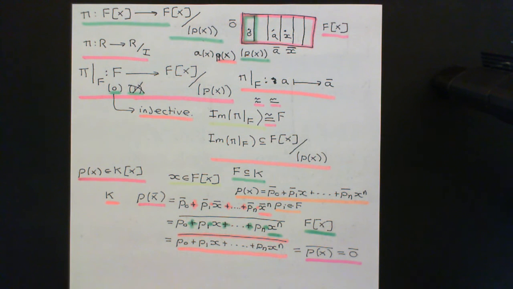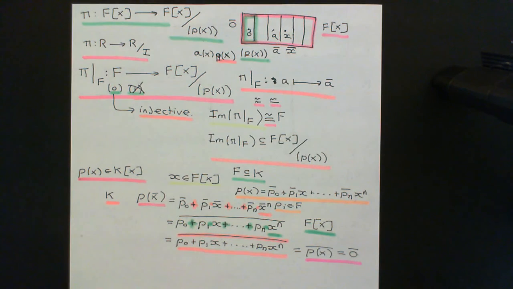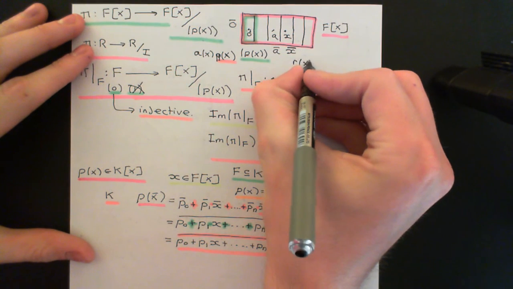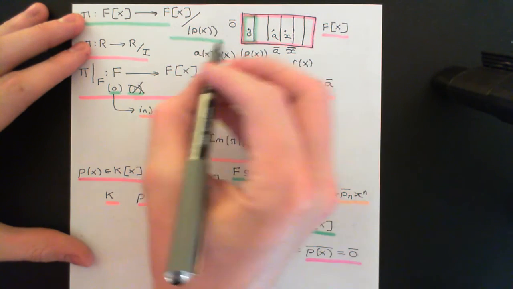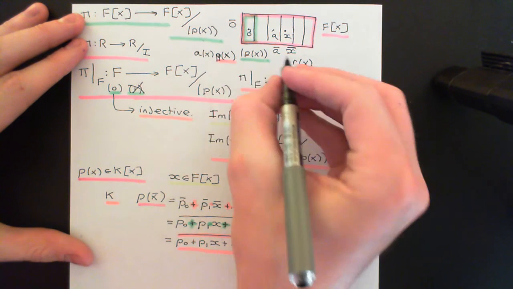Okay, so I'm going to tell you the fact, and then we'll spend a bit of time understanding why this is true. Here's the fact: each of these cosets can be characterized by a polynomial, which I will call r of x here, which will have degree strictly less than the degree of the polynomial p of x, which we previously called n.